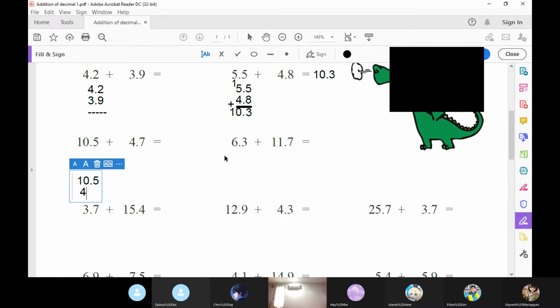You can put the enter there, Hema, so that the 4 is in line. Make sure the decimal is in line. Is your decimal in line, Hema? Okay, very good. So plus.